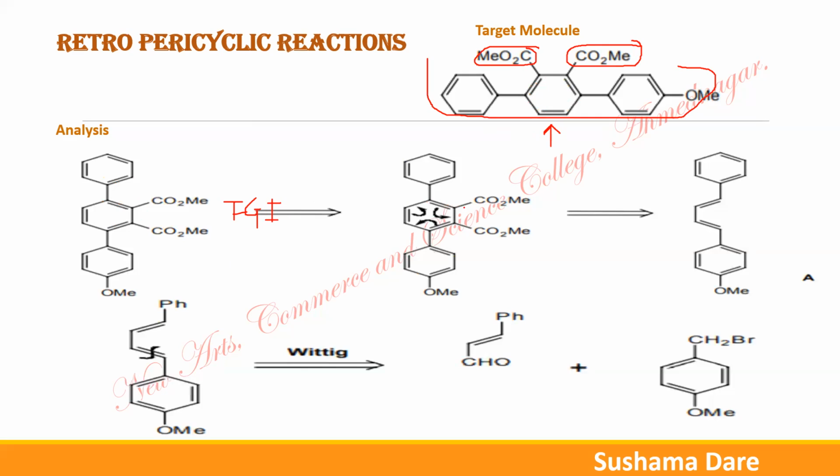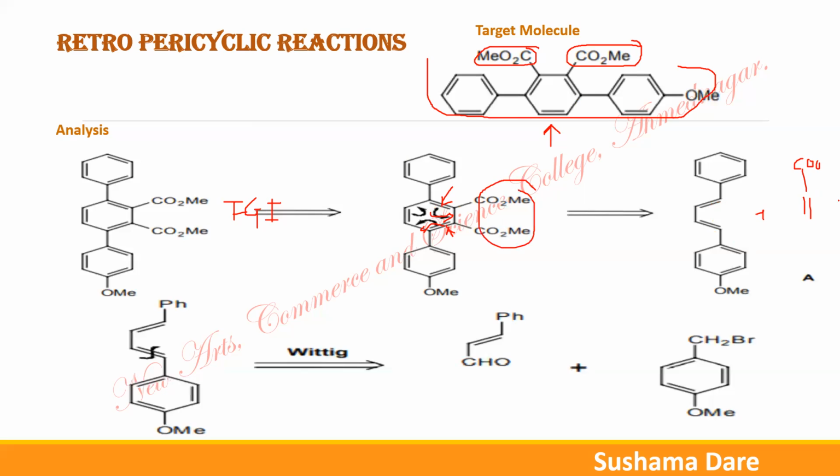So after FGI, what do you do? You remove this double bond. So this forms a double bond here, and it forms a double bond here. So it gives this, plus a double bond, COCH3. So this is COCH3. Again, look at the stereochemistry.